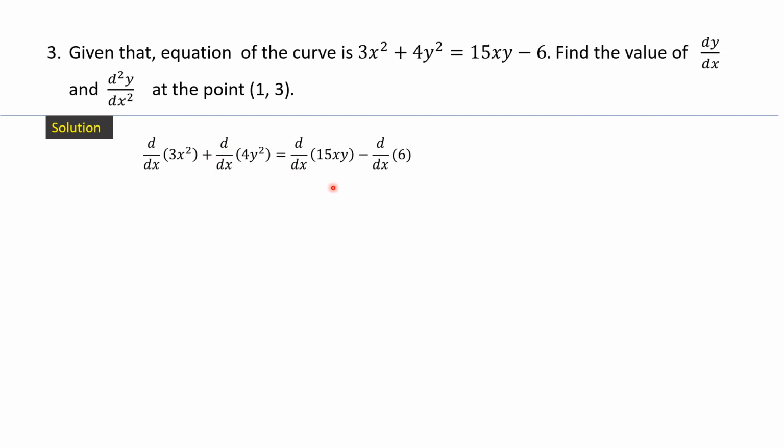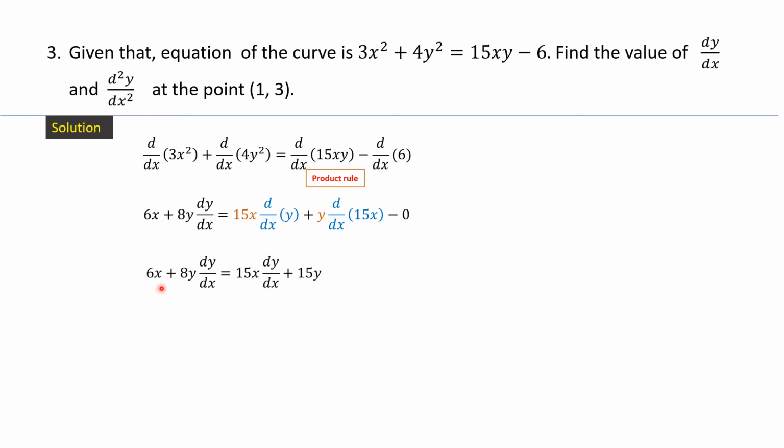Here, this is a single variable y, and this is a product of x and y, so we use the product rule. Differentiating 3x squared, you get 6x, plus 8y dy/dx, equal to 15x times the derivative of y, plus y times the derivative of 15x, and the derivative of 6 is 0.